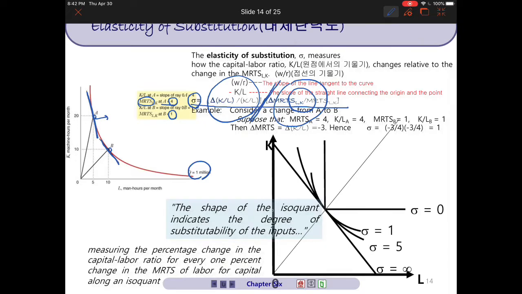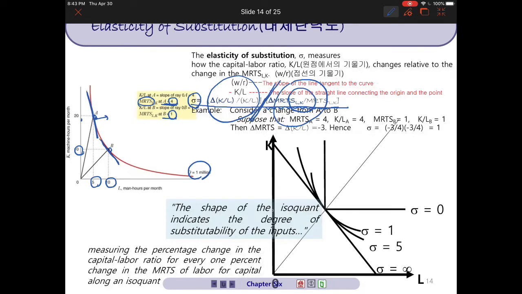So let's understand it through an example. For point A, the coordinate is (5, 20). For B, the coordinate is (10, 10). So let's do that. First, let's derive the percentage change in MRTS. For A, MRTS is defined as 4.